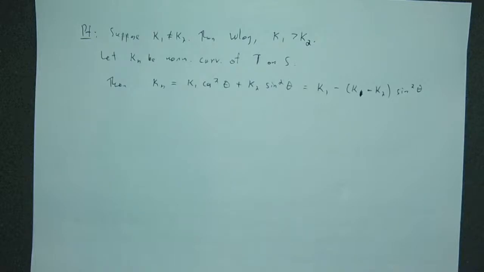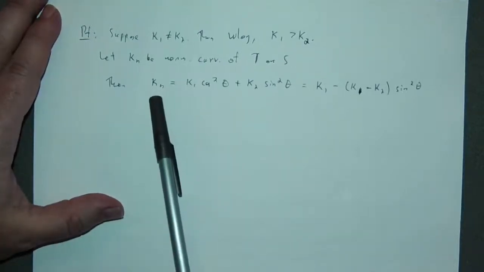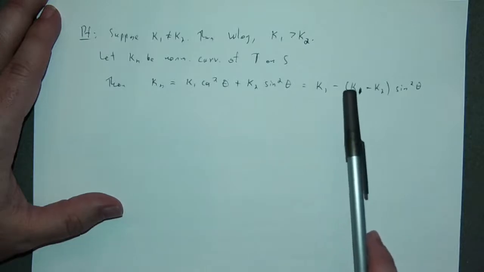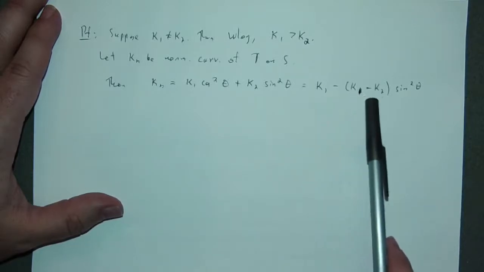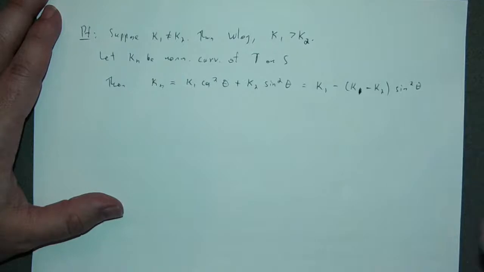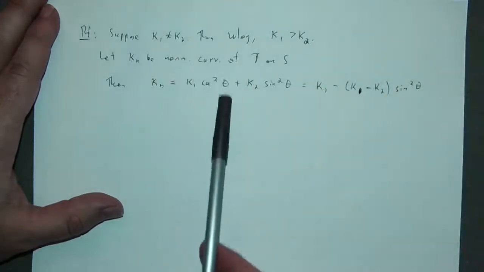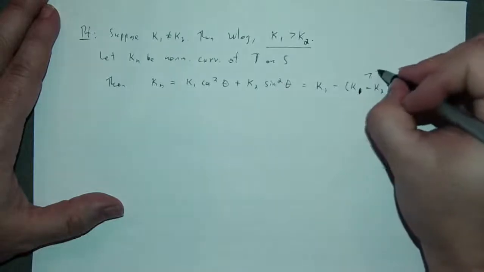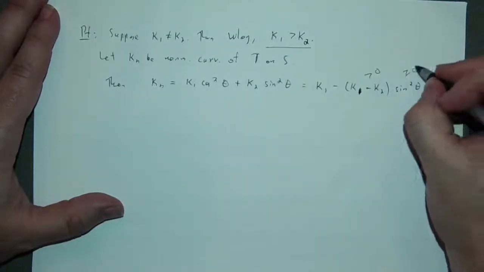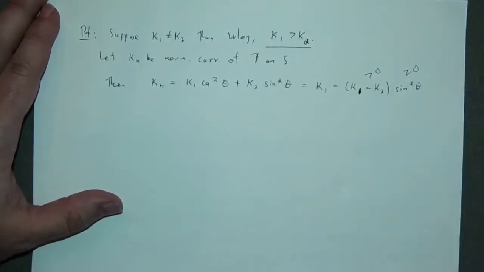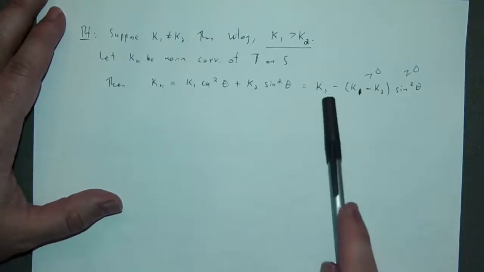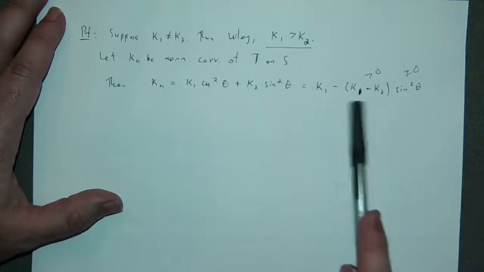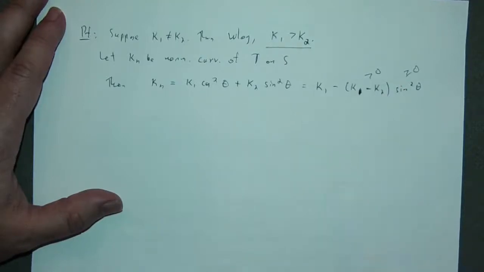If I assume that kappa sub 1 is greater than kappa sub 2, this is non-negative, right? Then what does this say? This says that kappa sub n is kappa sub 1 minus some non-negative stuff.